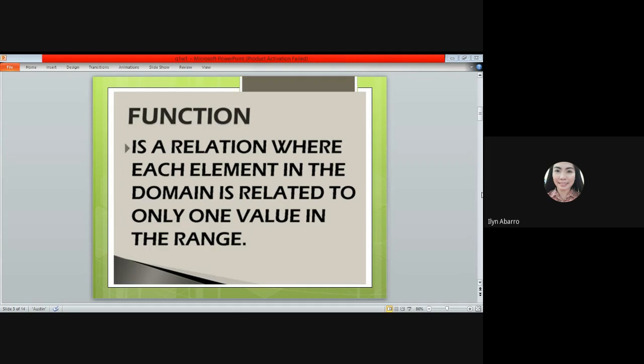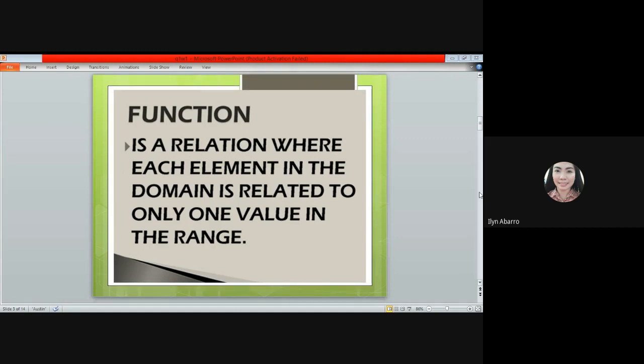For example, in our real life situation, your grades in a certain subject. Per subject, you have only one grade. For example, math 86, science 85. So that is a function. Okay, next.